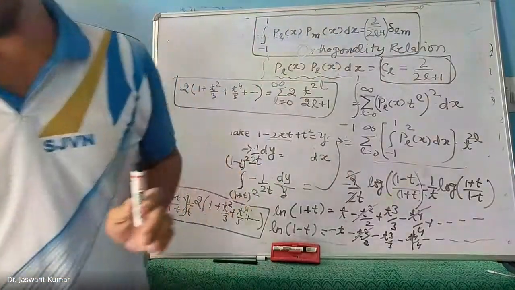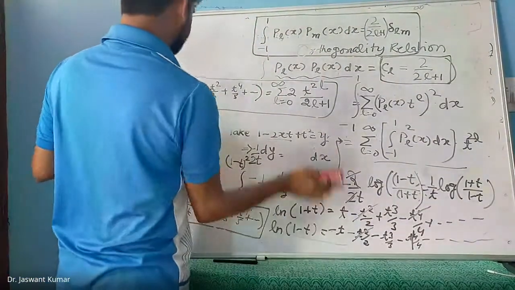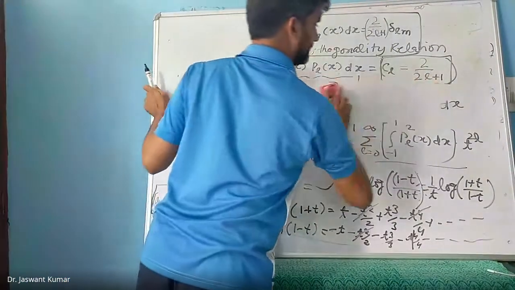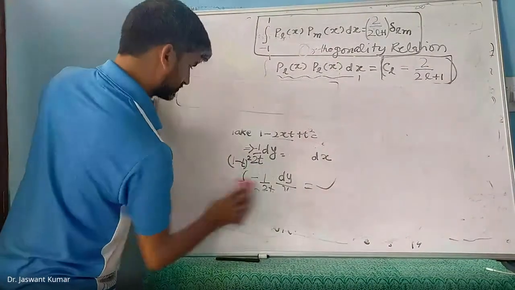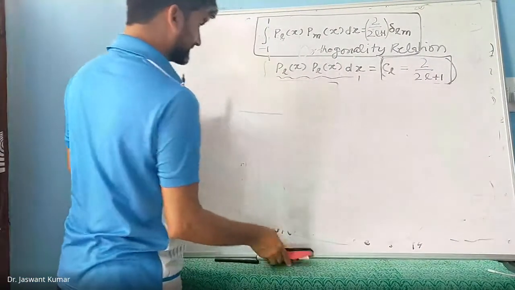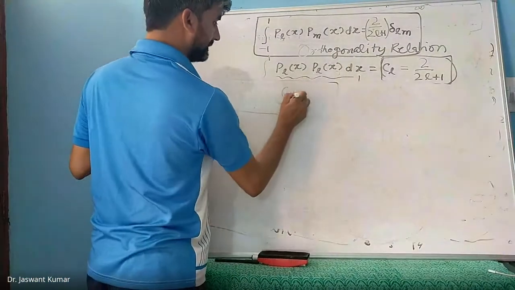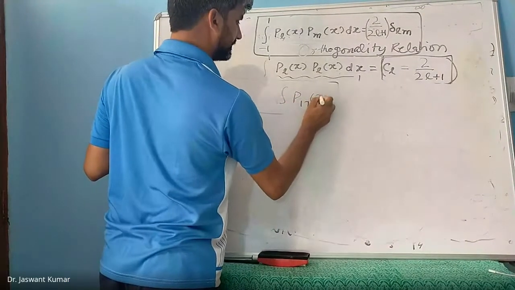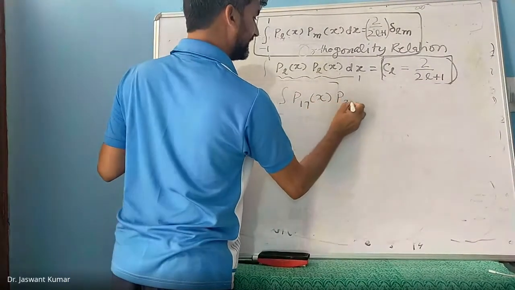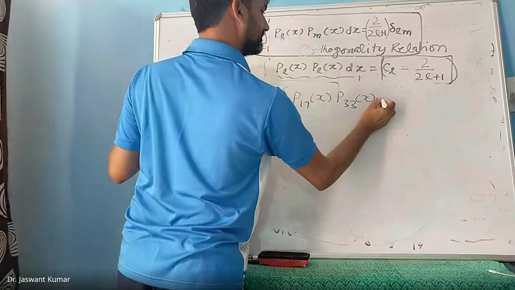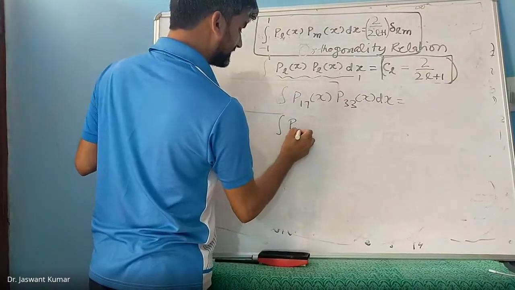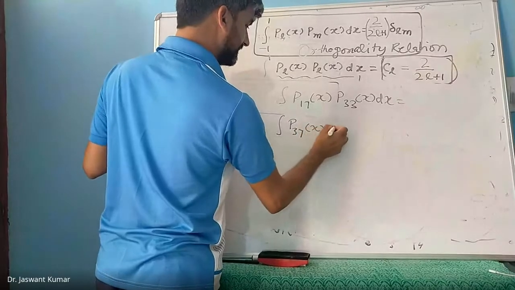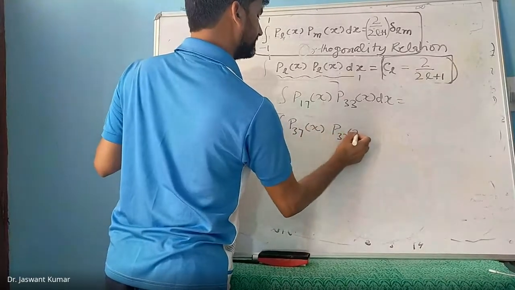If you get a question in the exam, tell me what is this. The question you might be asked is: what is the integral of P17(x) P33(x) dx, and the second question is the integral of P37(x) P37(x) dx.